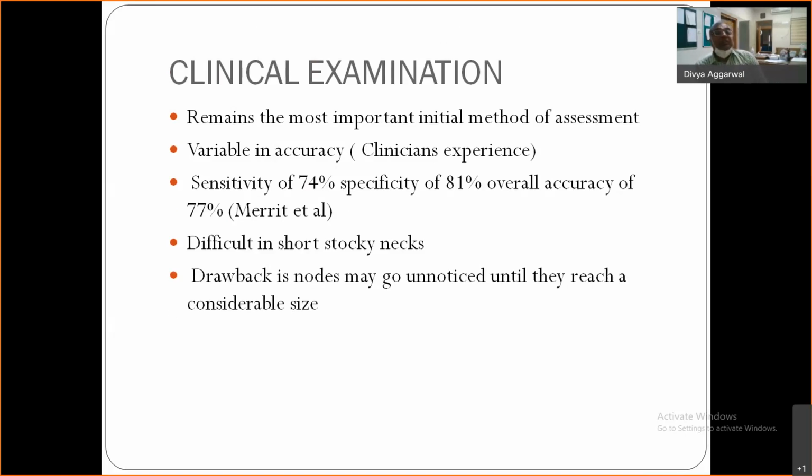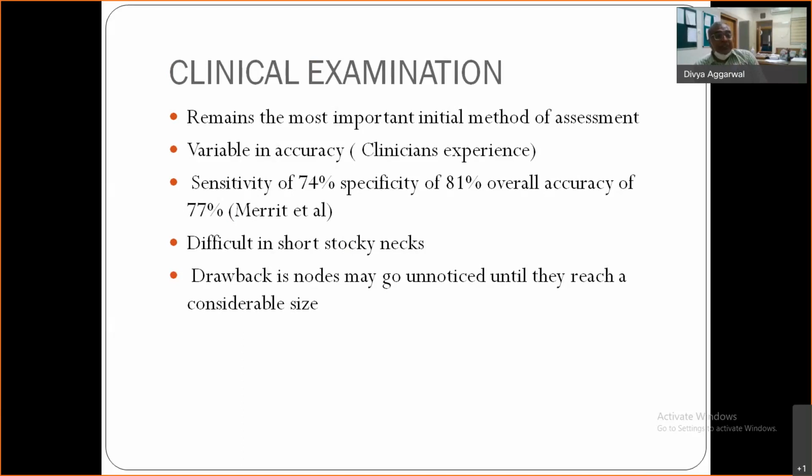This is important because a clinician, suppose a first year or second year resident is examining, he may miss some neck nodes, but still it is an important tool for assessing a nodal metastasis. It has a sensitivity of 74%, which is quite high, specificity of 81%, and an overall accuracy of 77%.